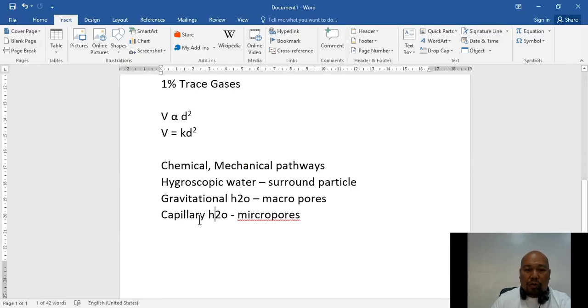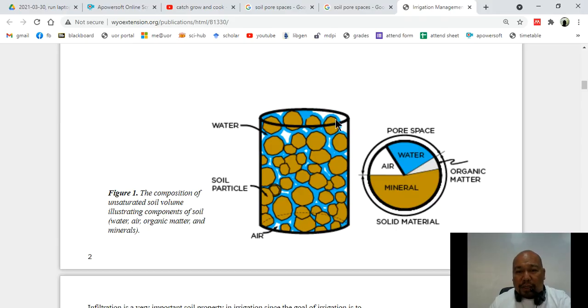So mas dako-dako nga amount of energy ang gikinahanglan to extract capillary water from the soil. Hygroscopic water, mas dako pa nga energy ang gikinahanglan. The only way to take this out is oven drying. So kining nipis nga water sa particle, you can only take that out by oven drying.